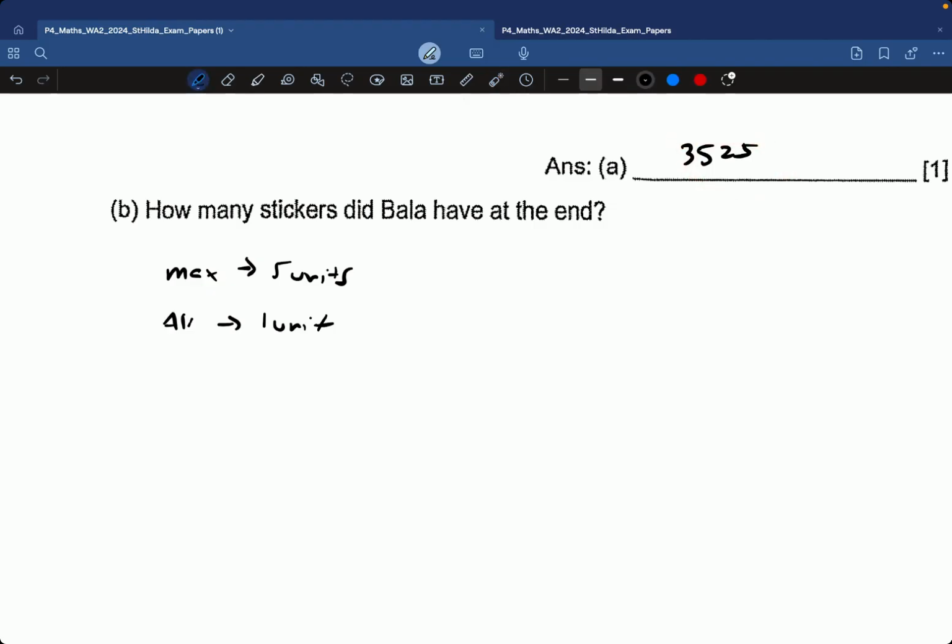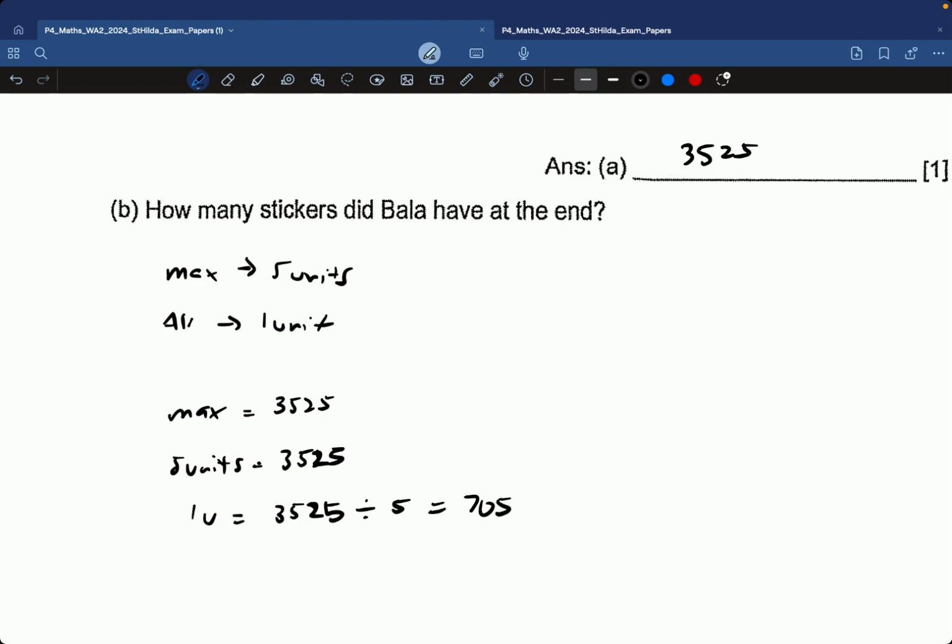So that means Max is equal to 3,525, which is 5 units. 1 unit is equal to 3,525 divided by 5. So in this case it is 705. And this is what Ali has, because Ali is 1 unit.